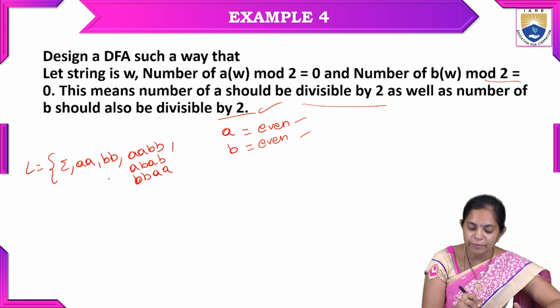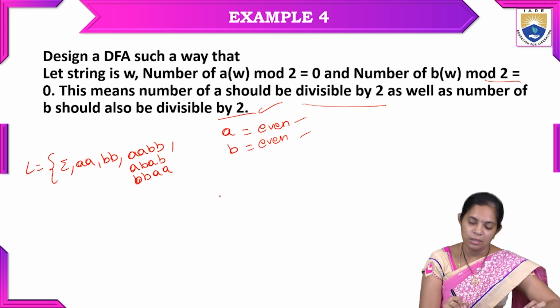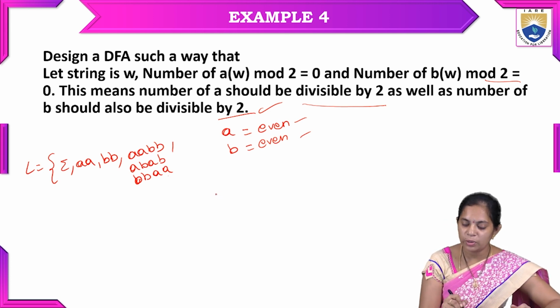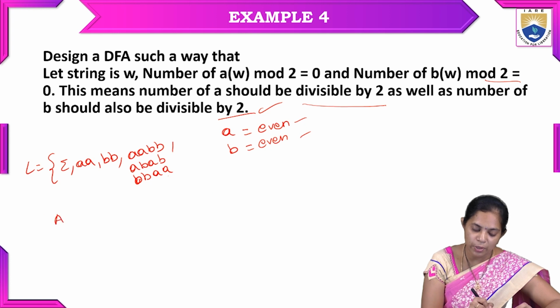So like that, for this one, how to construct a DFA? We already know that 4 states are required here.